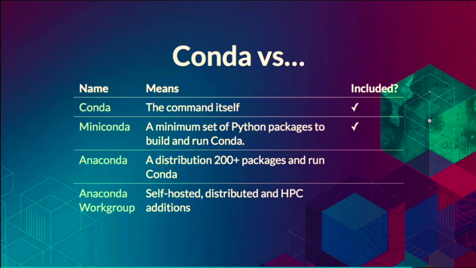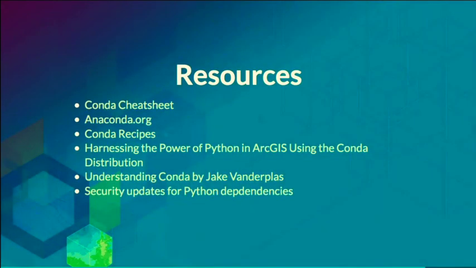I only mentioned one here, but Continuum Analytics has a number of products for extending that experience. If you wanted to bring this whole stack into an organization, distribute it, do all kinds of really cool stuff, they have some products for doing that. And there's a few resources here. I'll let you look at these offline in another time, but just to take you further and look in a couple other directions.